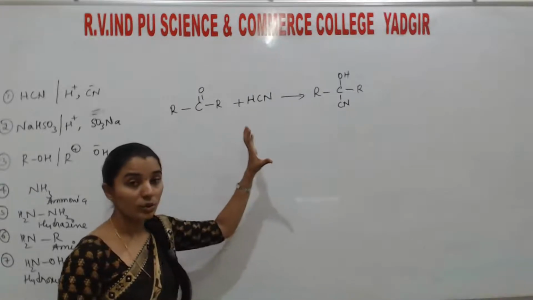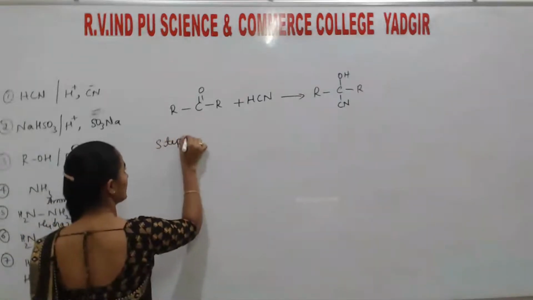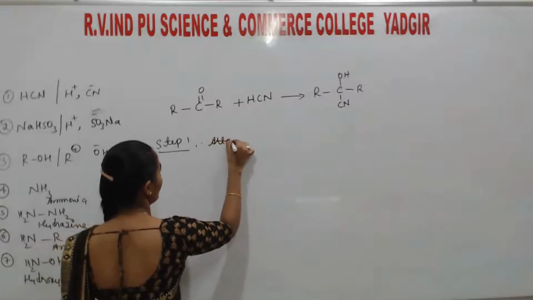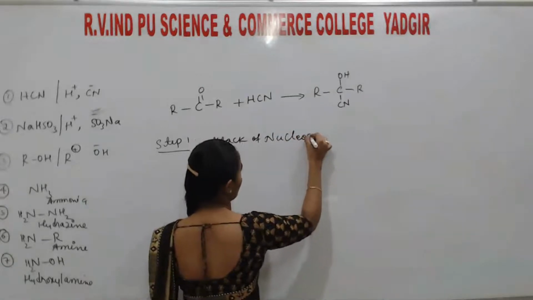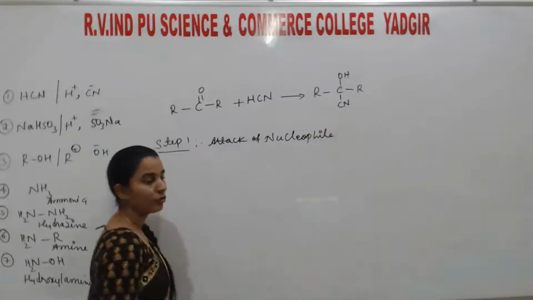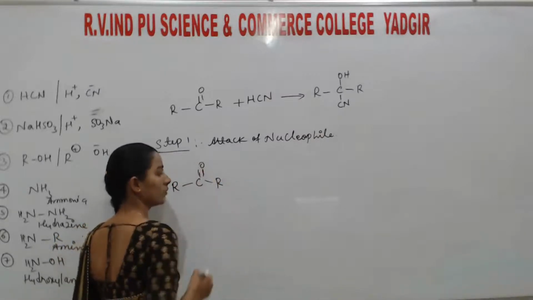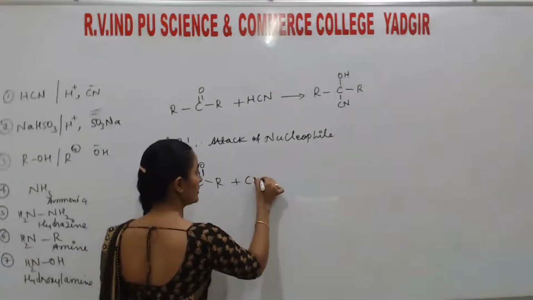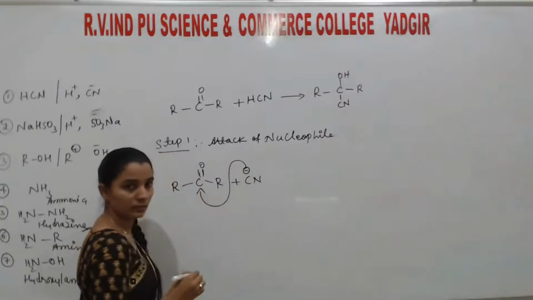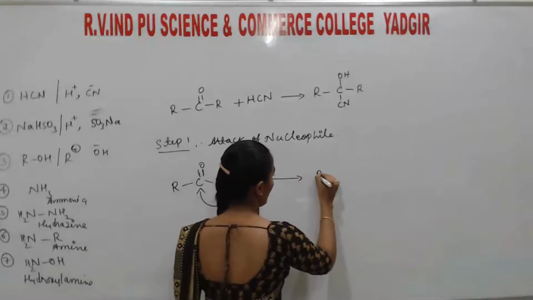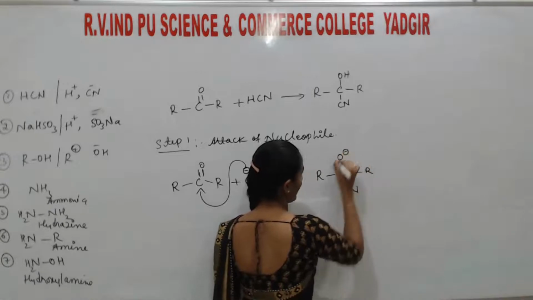This takes place in two steps. Step 1 is directly the attack of the nucleophile. Listen here, R, C double bond O, R is there. Here the nucleophile CN minus attacks this carbon. Then they form R, C, CN, R, O minus.